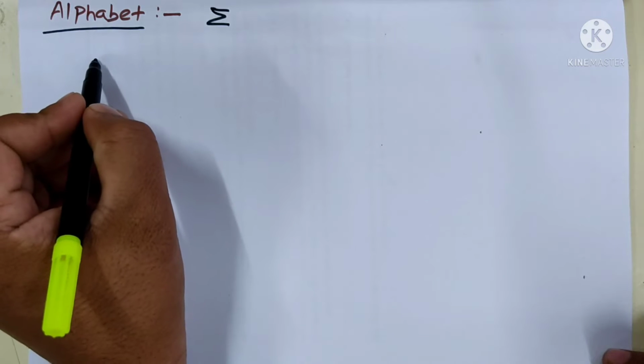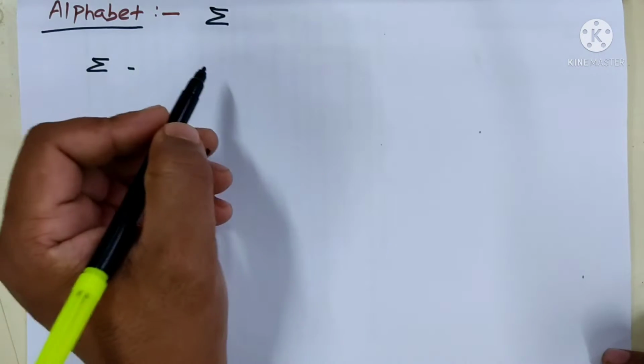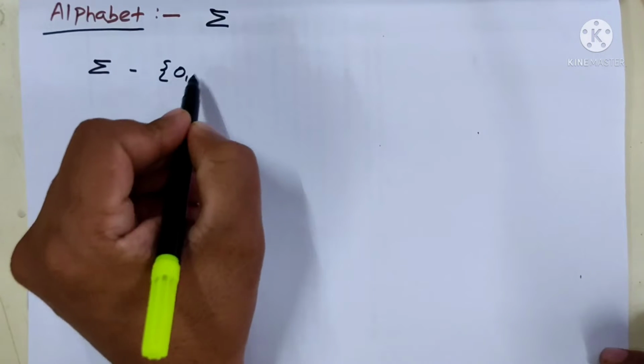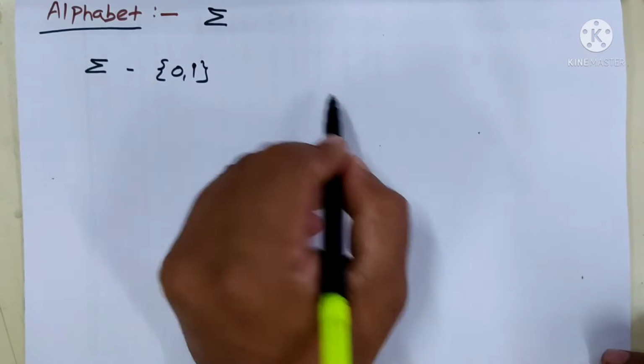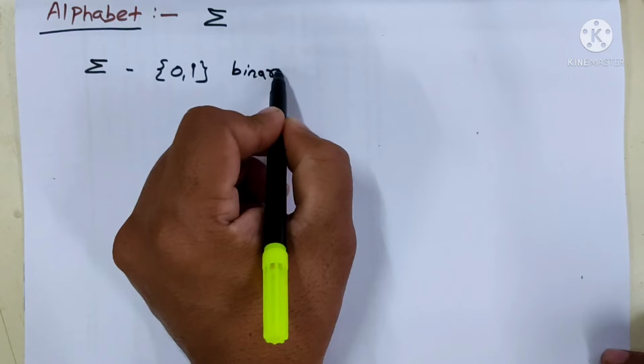Now the symbol sigma. Suppose we need to provide the alphabet in binary. So it is represented like 0, 1, and this is a binary alphabet. We call them binary alphabets.